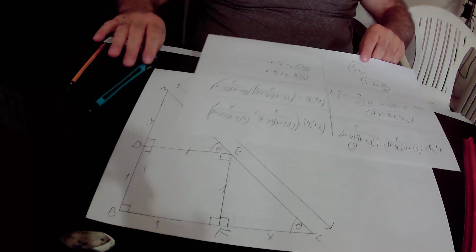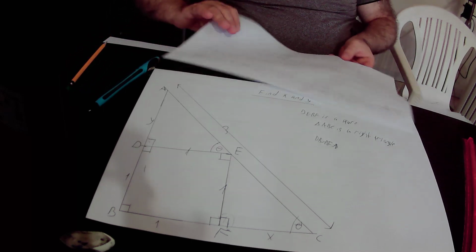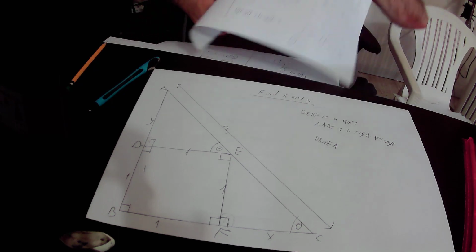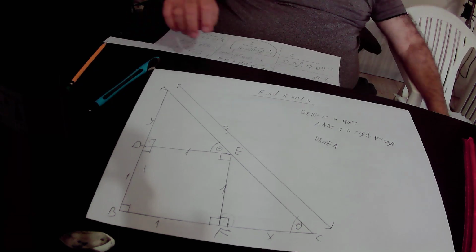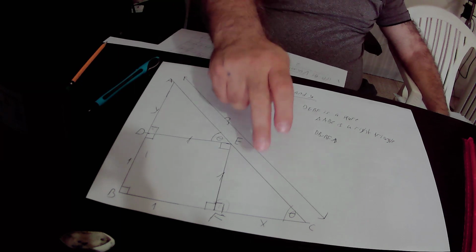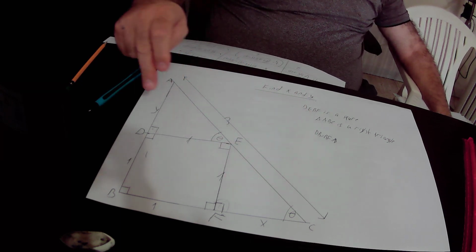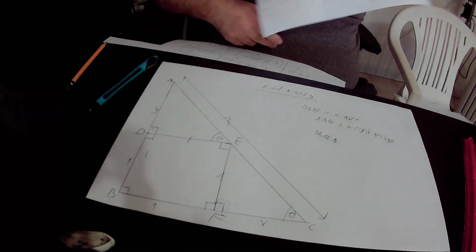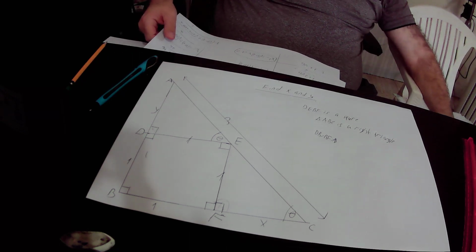Now I'll summarize the lecture. Actually, we wanted to find out the value of line segment X, that is FC, and line segment Y, that is actually AD. Okay?